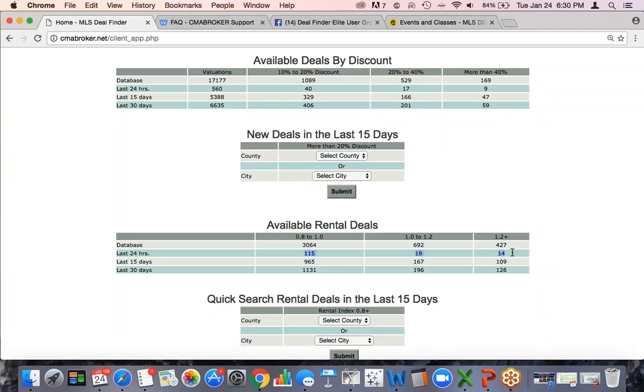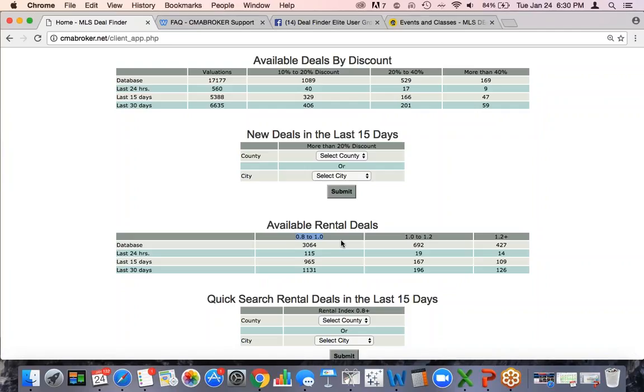These are houses that are for sale, but after looking at the rental income and the rental comps, they are deemed to be good properties. So just very quickly, I want to make sure everyone gets the point. There are 115 properties that are between rental index 0.8 to 1.0. So if you are planning on putting 20% down, 0.8 to 1.1 is very good.